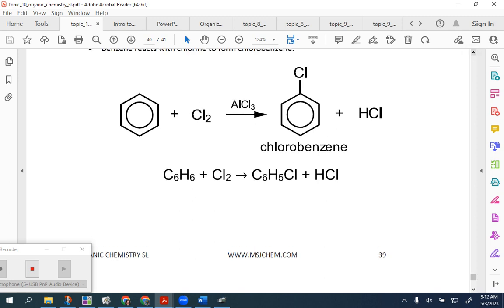If you take benzene and you throw it together with something like chlorine, under the right conditions, the chlorine is going to be the electrophile that attaches to the benzene ring, and the other chlorine atom is going to come off and connect to the hydrogen that was pulled off of the benzene. So you're going to end up with hydrochloric acid in this case as one of your products.